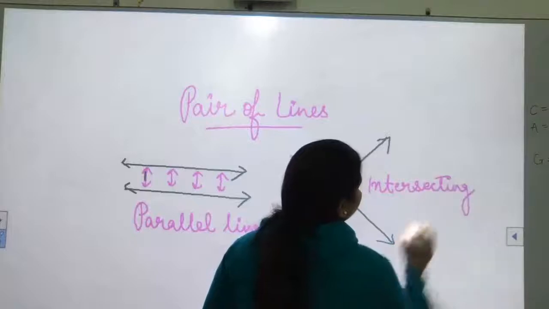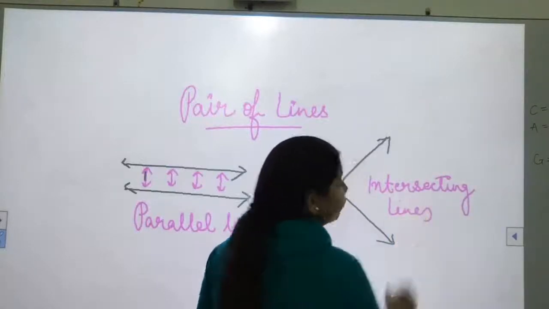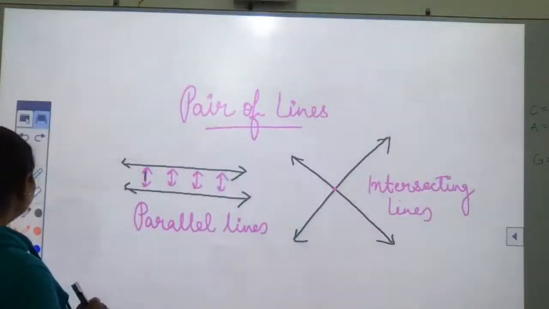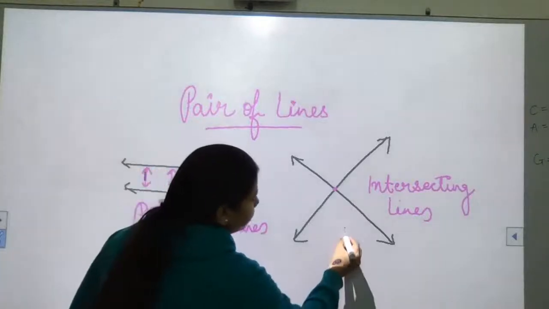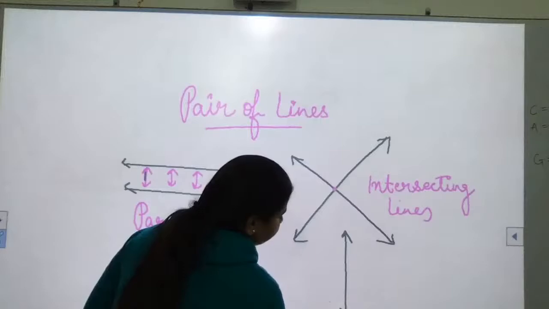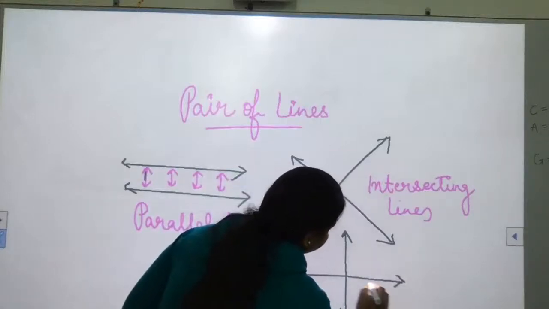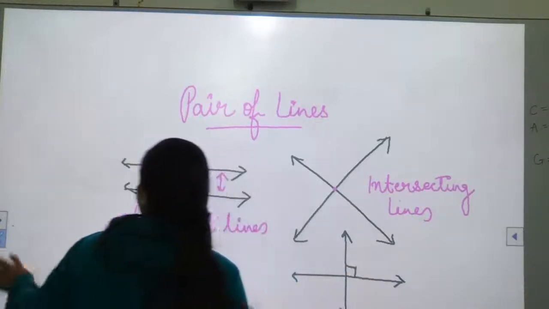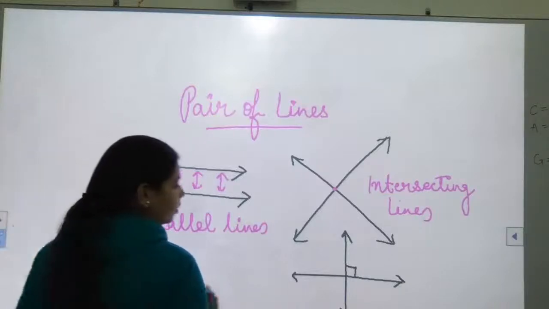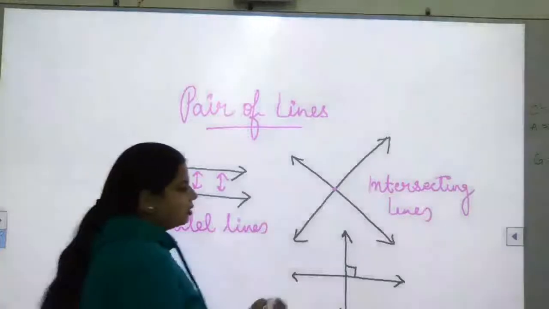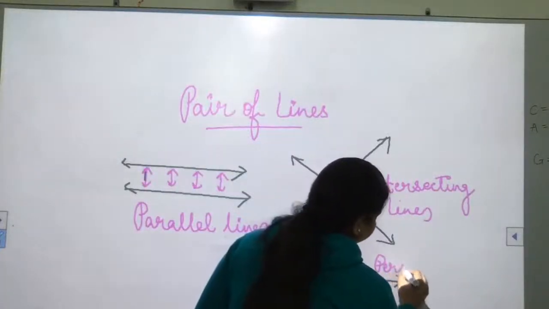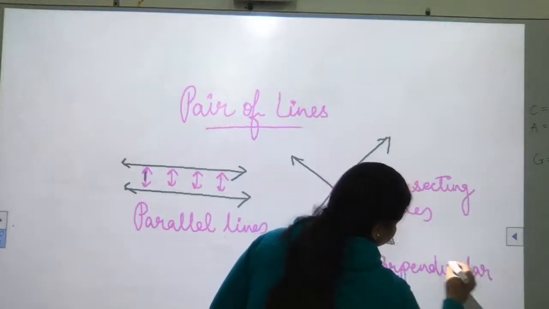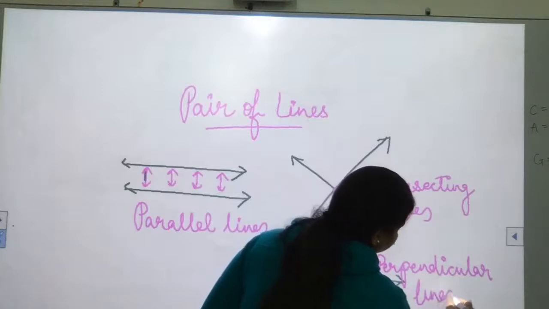Intersecting lines. If these two lines intersect at 90 degrees, that means if two lines intersect in this way, one standing and another one sleeping, making 90 degrees, we'll call them perpendicular lines.